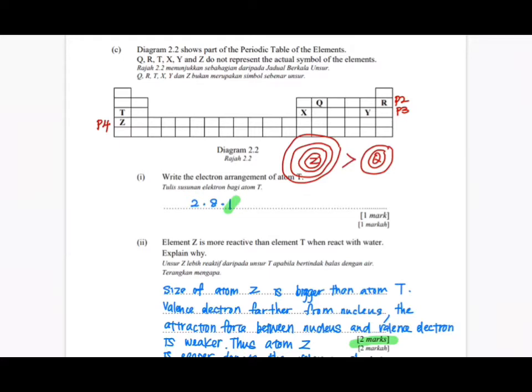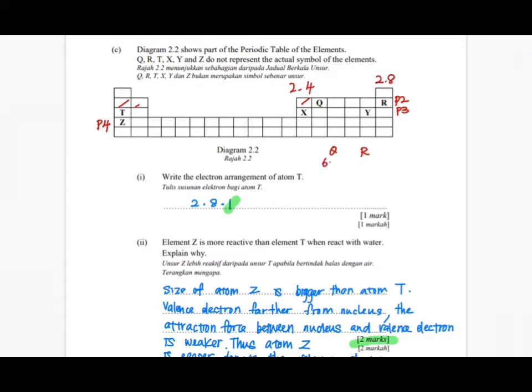Another thing you need to know is about elements in the same period. Let's say Q and R. Both of them are in period 2, but which one is bigger? We can compare the number of electrons and protons. The electron arrangement of Q is 2.4 and R is 2.8.